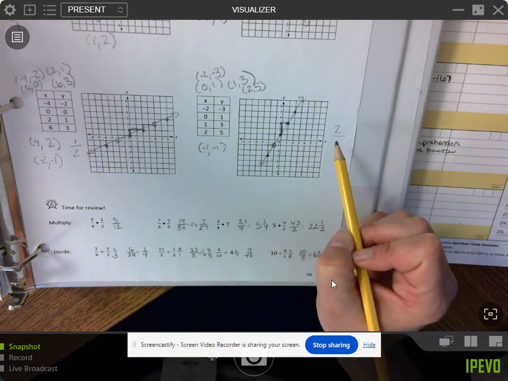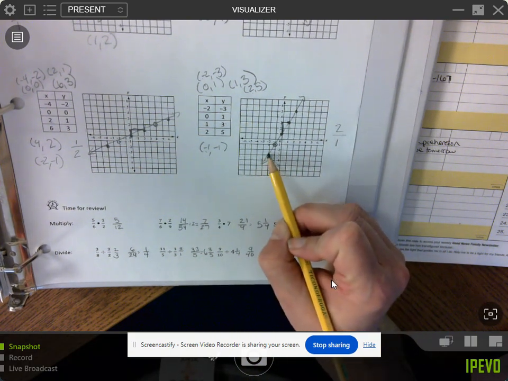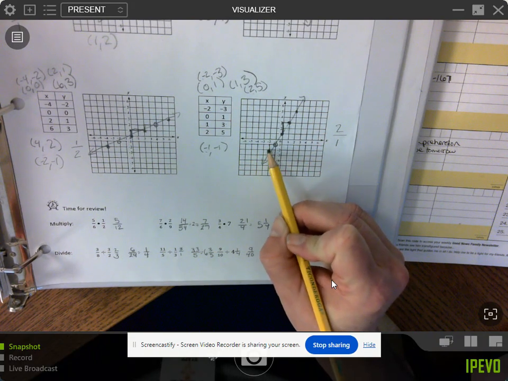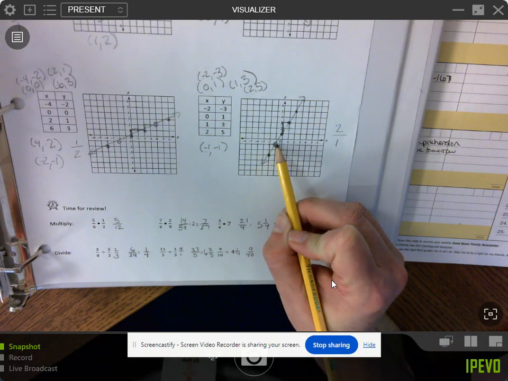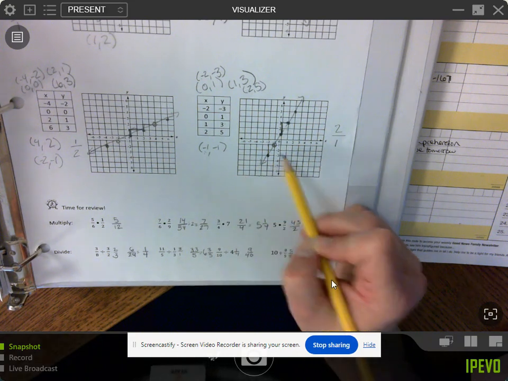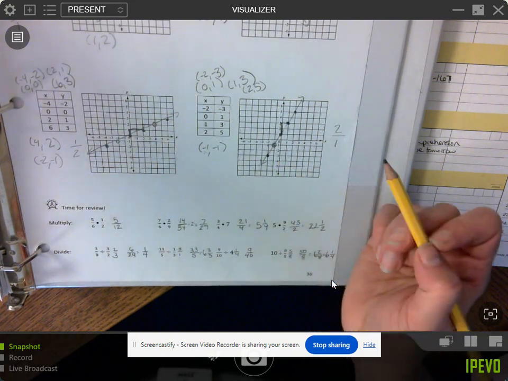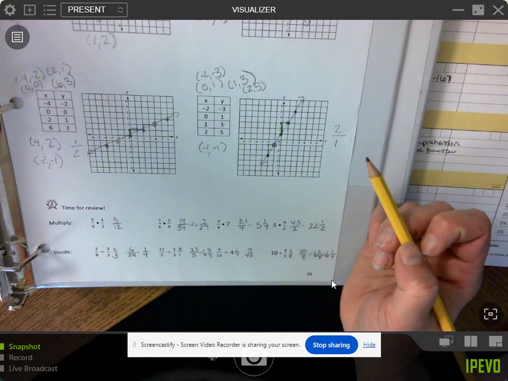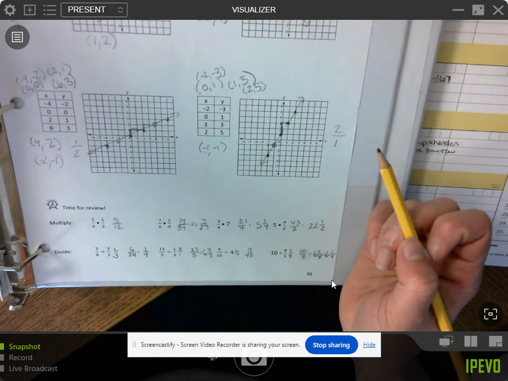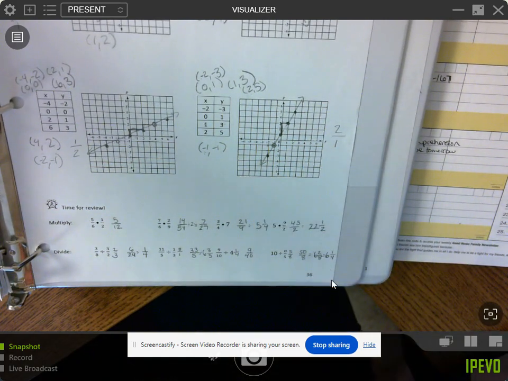So my slope is 2 over 1. So I'm going to go to a point on my line, go up 2 over 1, and I get negative 1, negative 1. Are there any other points that somebody got besides negative 1, negative 1?